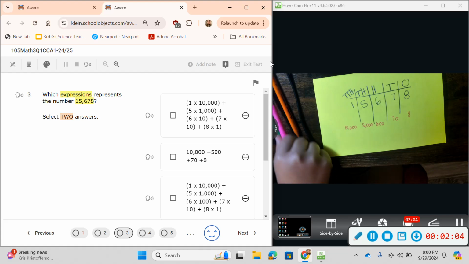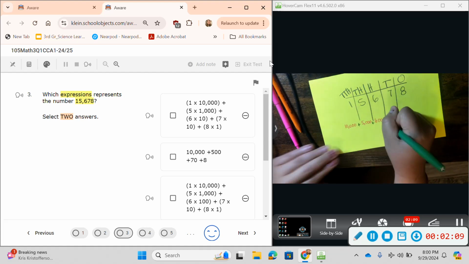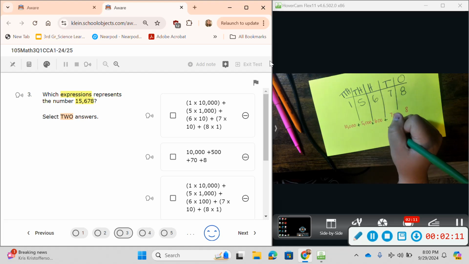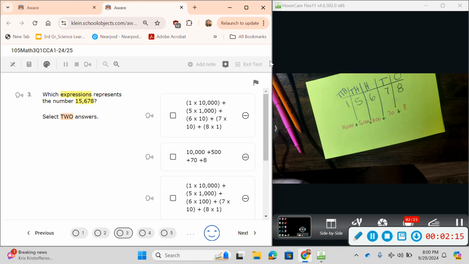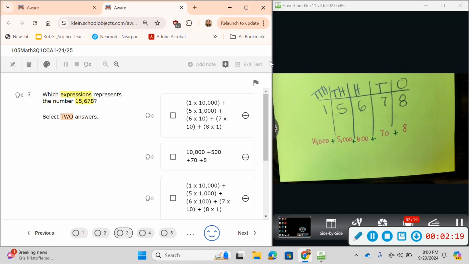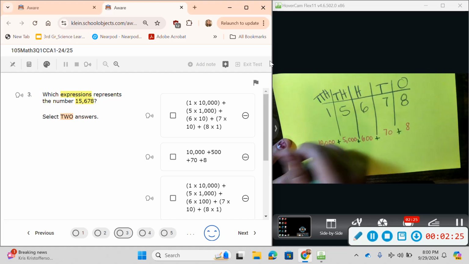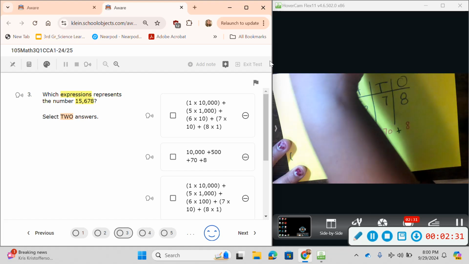Now to put it in expanded form, all you have to do is place a plus sign in between each value. So that is our first expression. But now we need to write it in expanded notation. And expanded notation, we're going to start in the 10,000s, is when you have the digit and the place value.